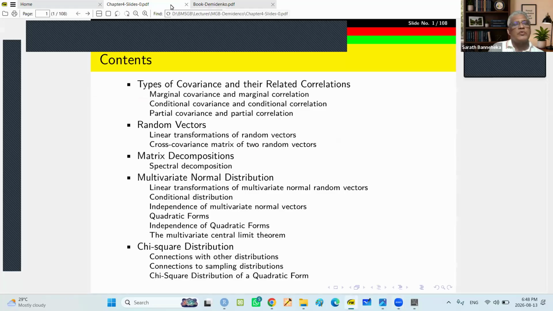I'm going to first consider mainly three sections, that is types of covariance and their related correlations, random vectors, and matrix decompositions. These three are required to discuss mainly the multivariate normal distribution.